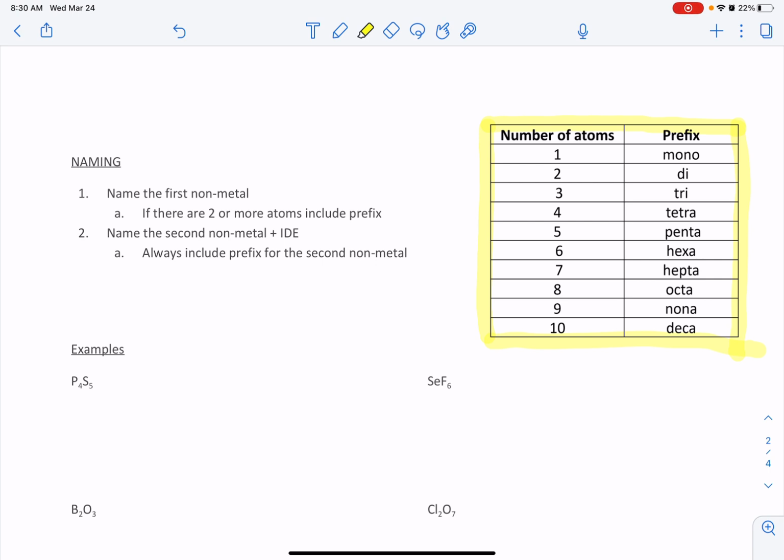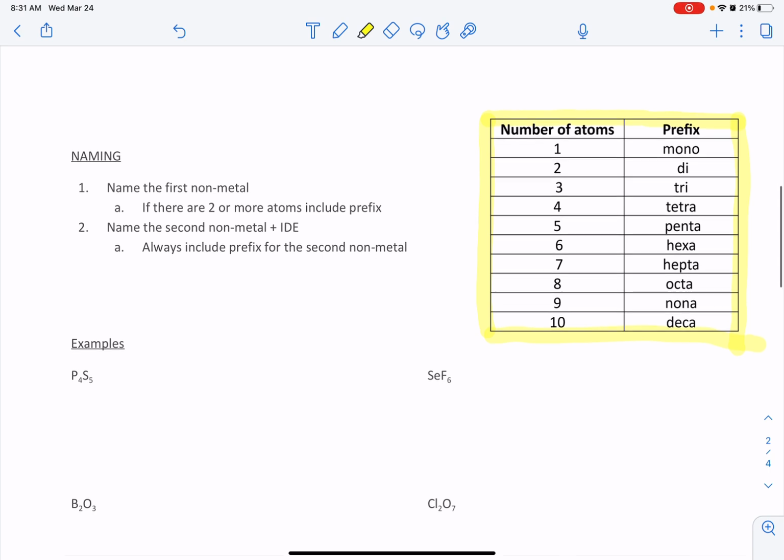Okay? So what I mean by this prefix is that, if there is any number other than 1, you always put the prefix. If the first element only has 1, you don't put a prefix. That is the only time when you don't put a prefix. We're going to get into a little more detail with that later, but I think it's going to be helpful to look at some examples.